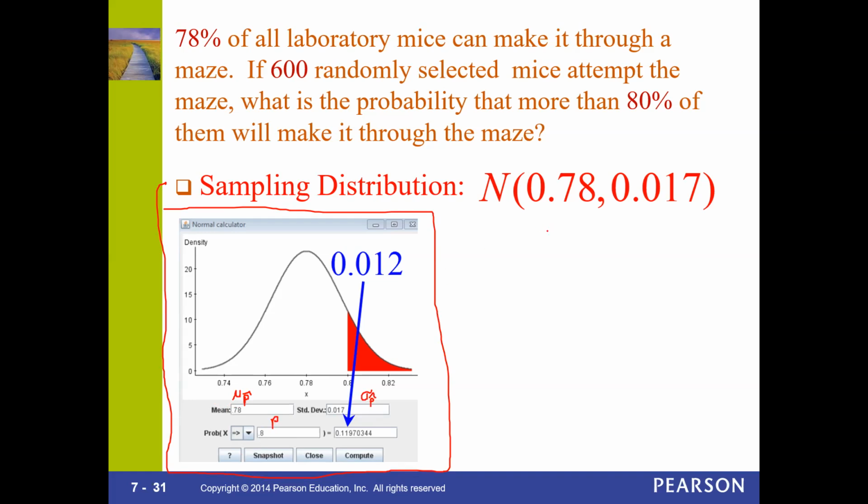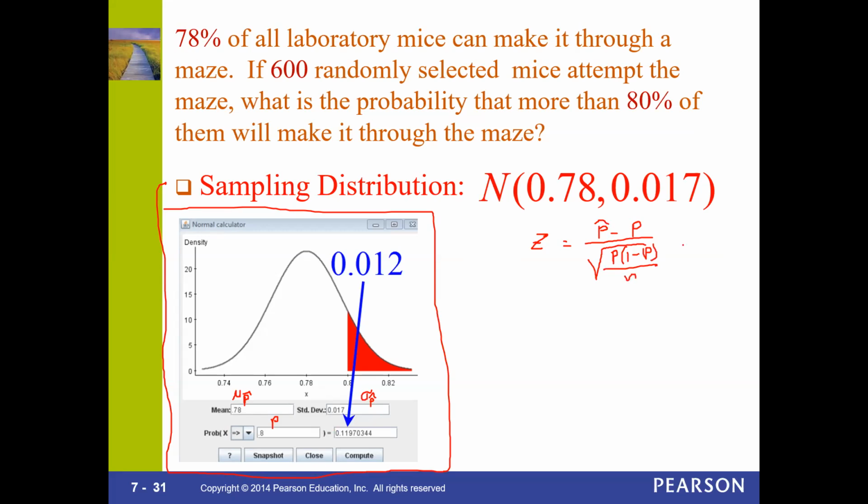If you were to do it by hand, this is what we have. That'd be Z, okay? Z is equal to P hat minus P over the standard error, which is just going to be the square root of P times 1 minus P over n.